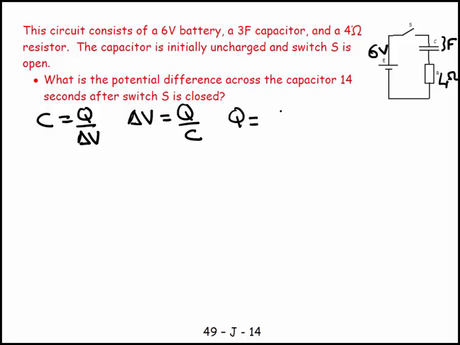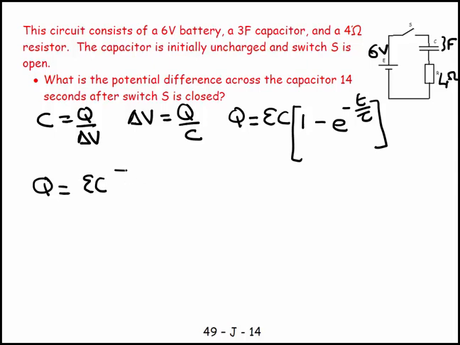So Q is going to be the maximum Q, which is EMF times C, and then I'm going to have 1 minus e to the minus t over tau. So my Q is equal to EC times 1 minus e to the minus t over RC, because that's my time constant for this circuit.